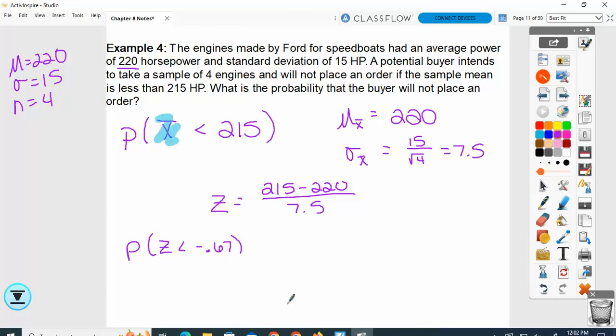So now, less than, that's what our table tells us. So we go to the table, look up negative 0.67, and get 0.251. Is that okay?